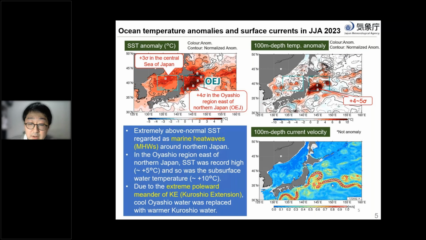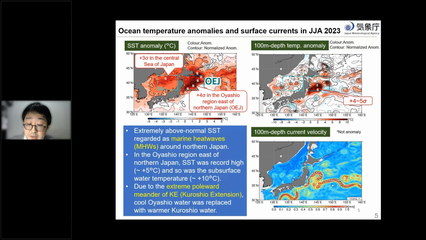Extremely above-normal SSTs, regarded as marine heat waves, were observed around northern Japan, as indicated in the top left panel, especially to the east of northern Japan, where the Kuroshio extension and the Oyashio current confluence, here denoted as the Oyashio region east of northern Japan, OEJ.